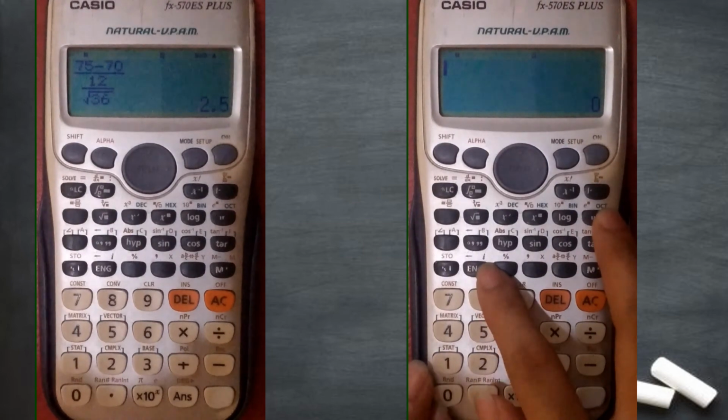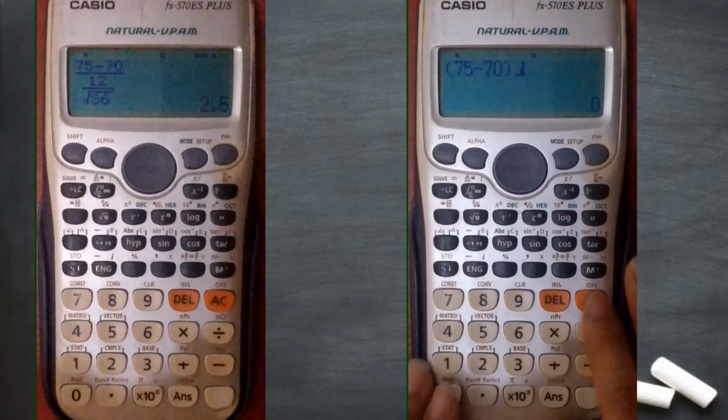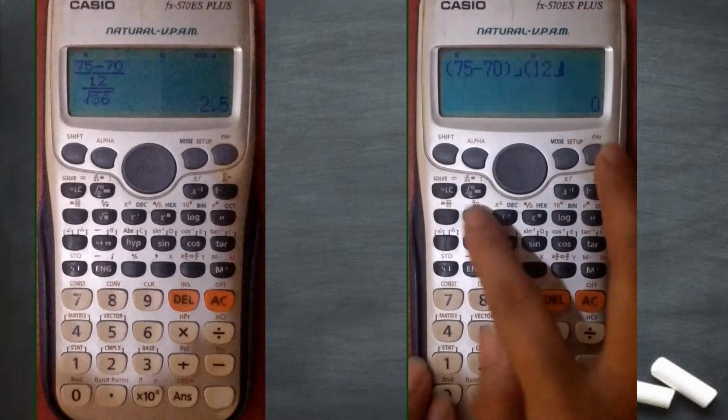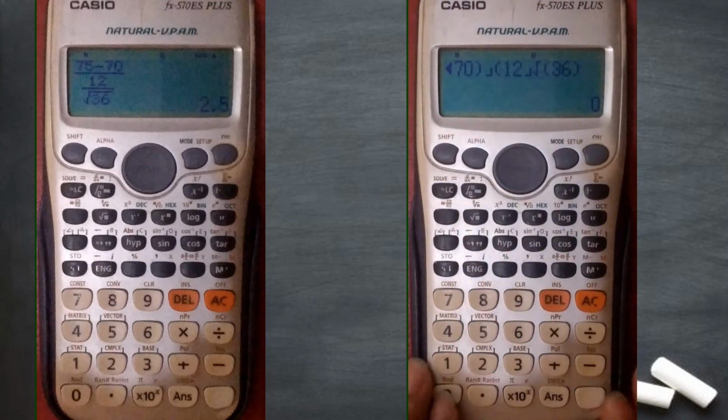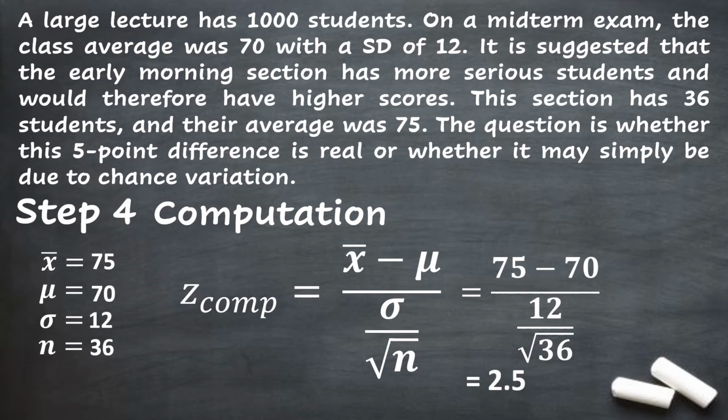And the calculator on the right side shows you how you are going to input the values if your calculator is a 2-liner calculator. The Z computed in this given problem is 2.5.